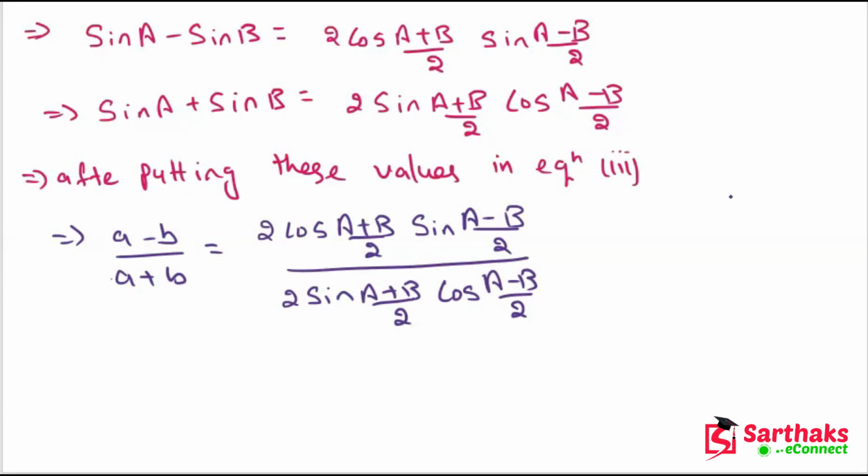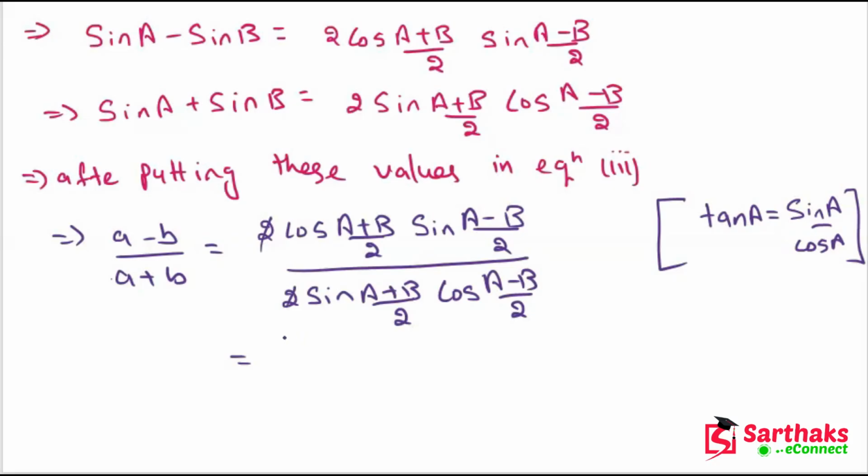Okay, now we know that tan A is sin A upon cos A. So in this case we have (A plus B) upon 2 and (A minus B) upon 2. So we can write it as 2 will be cancelled.